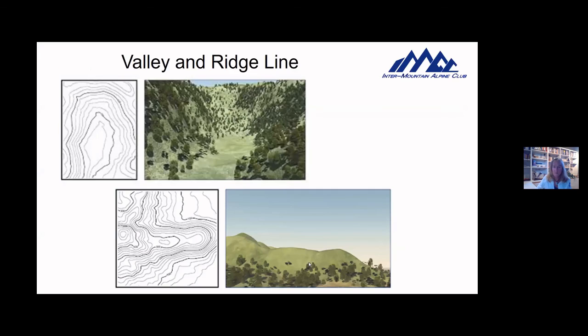These are just some extra pictures of a valley. If you see this kind of look on a map, this is what it's going to look like. It goes up each side. These are ridge lines like this. You'll be crossing contour lines.